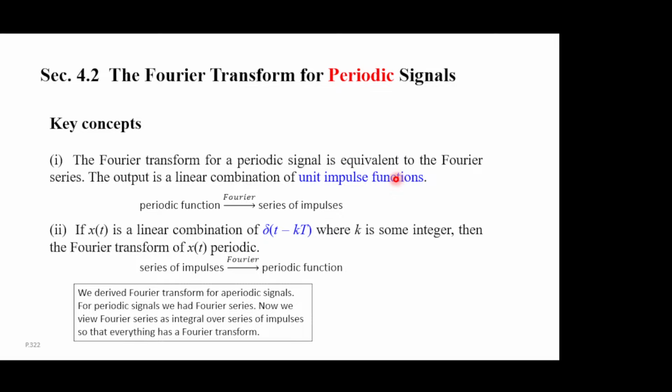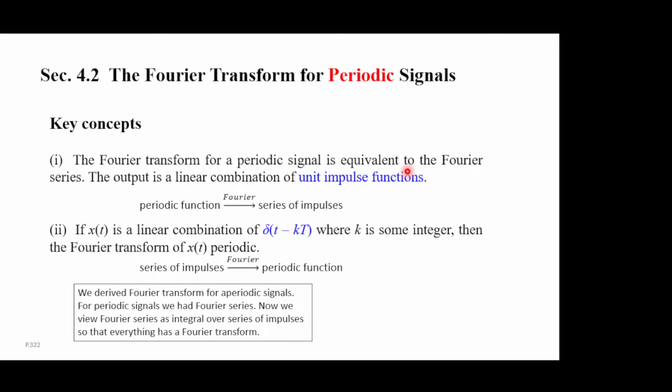So for a periodic signal, we have the Fourier series, but we can also represent it as a Fourier transform, just that the Fourier transform will be a linear combination of a whole bunch of unit impulse functions, a whole bunch of delta functions.